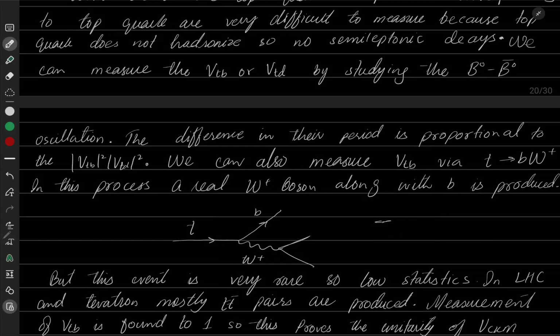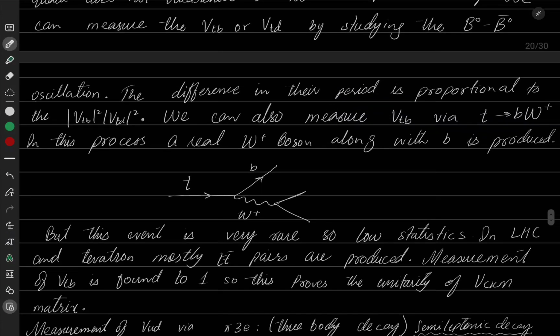so that is one option to know about the top quark, and the other option is the direct decay of the top quark into a B quark and a W boson. And in this case, this W boson is actually a real boson which is decaying.